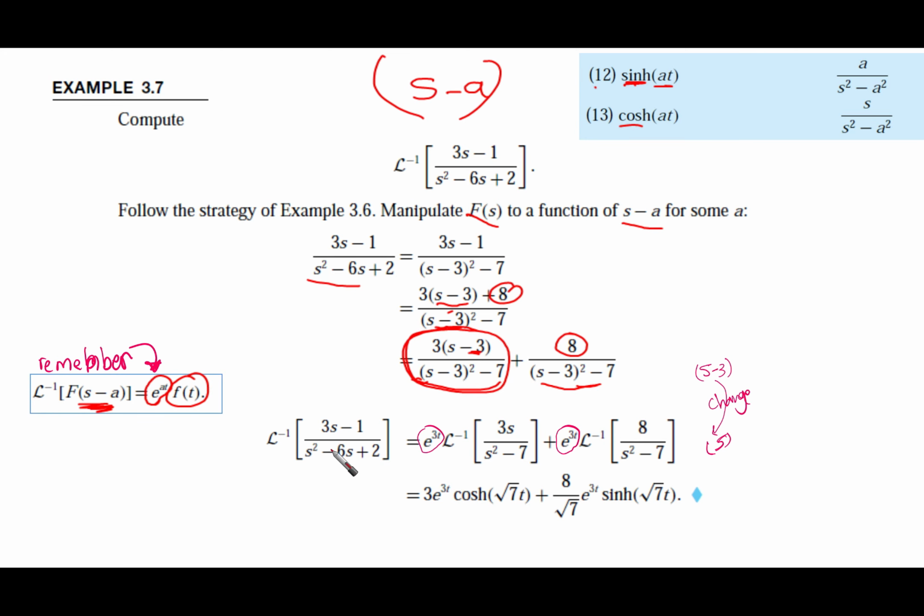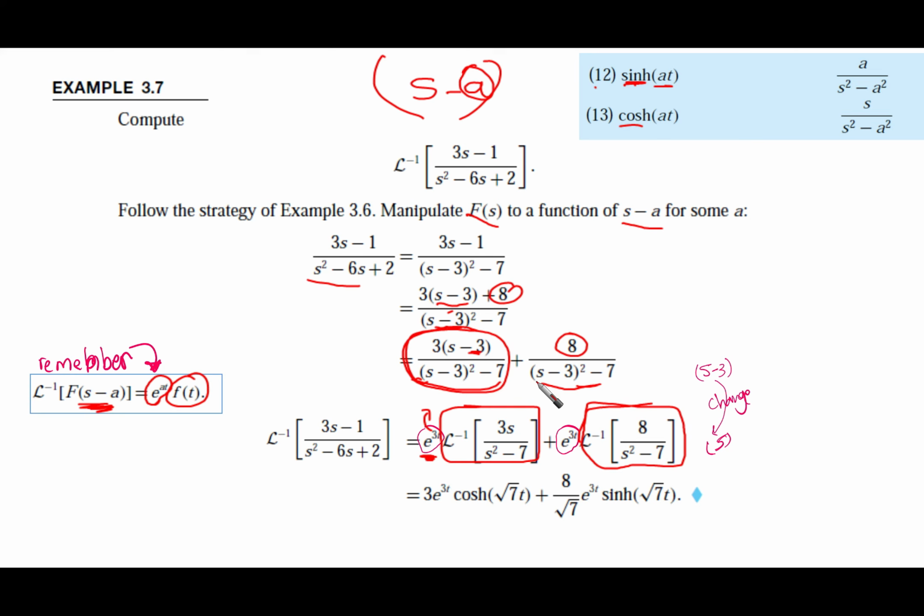So we are going to put it like this: e to the 3t, 3 here, it is a, the amount of the shifting. Okay, remember this is a. Okay, so e to the 3t times the inverse transform of 3s over s squared minus 7, because we have multiplied e to the 3t times the inverse of the function itself, right? Similarly here, e to the 3t times the inverse Laplace transform of the function itself.